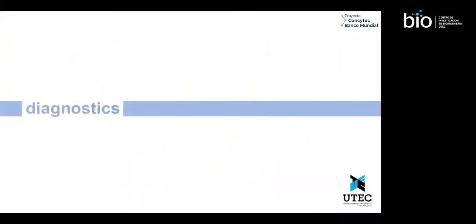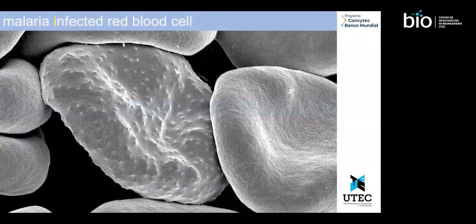So then we go to diagnostics, because we want to see if we really have the malaria affected cells. So here's an image I found, and you can see the difference between the malaria affected cell, the one cell in the middle here, a red blood cell, and the non-infected cells.